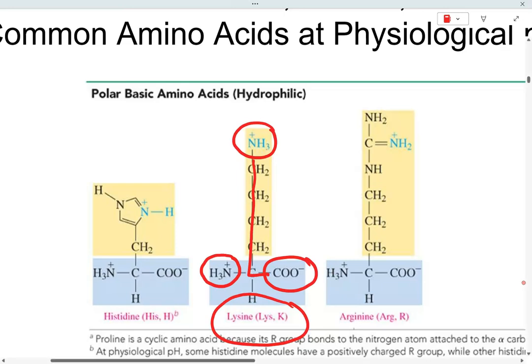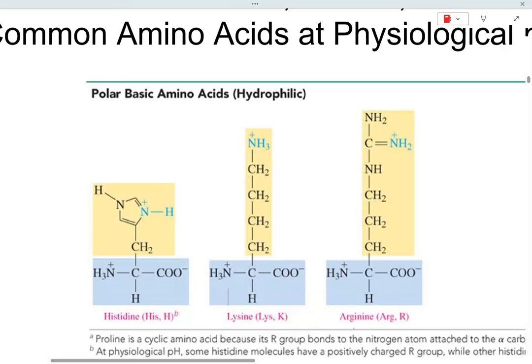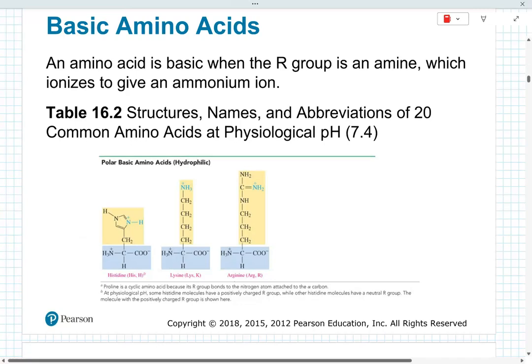You see what I'm saying? This is the alpha carbon that connects amino and carboxylate. Does it make better sense now? Yeah. Okay, good. So these guys are positively charged. They're also known as basic, not in the folklore sense, but in the sense that the side chains can fairly easily accept hydrogens, like Bronsted.